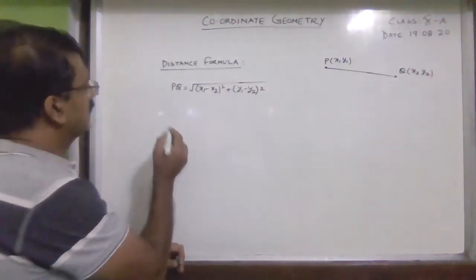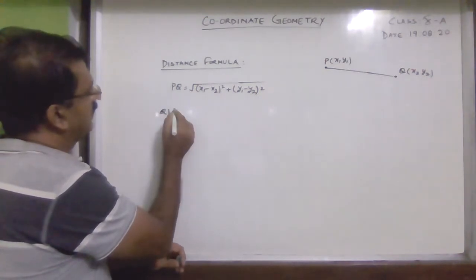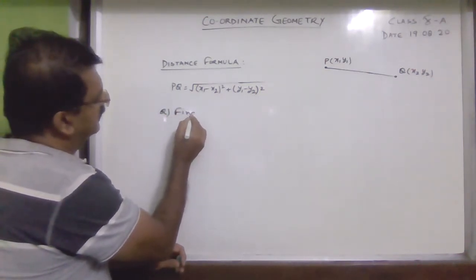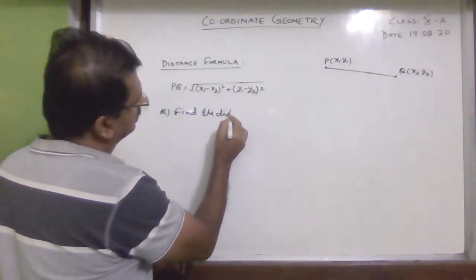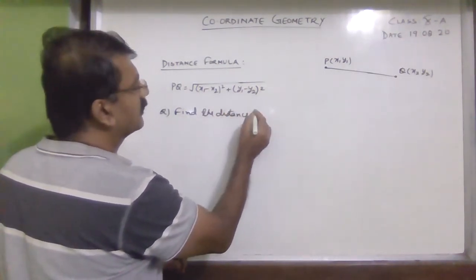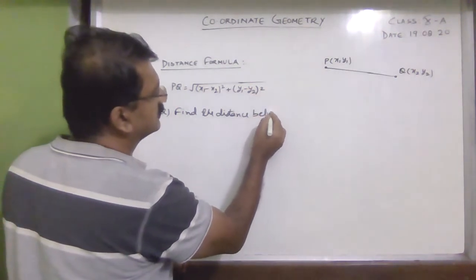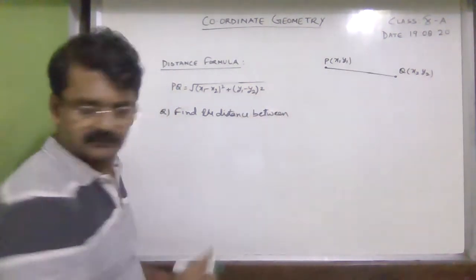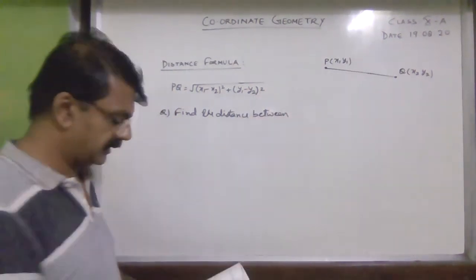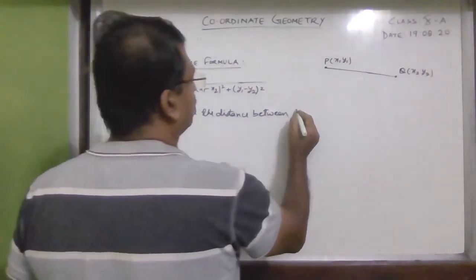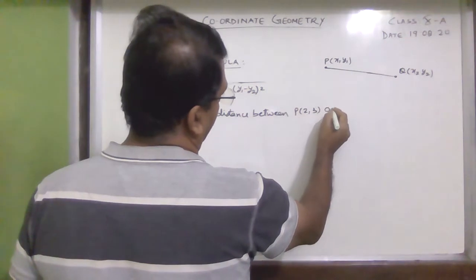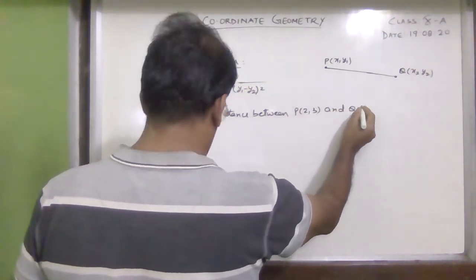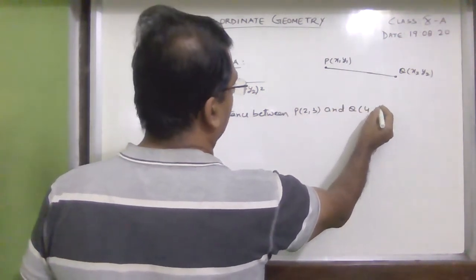So the first question is find the distance between, suppose the P point is 2, 3 and Q point is 4, 1.